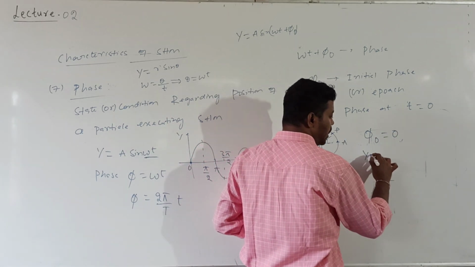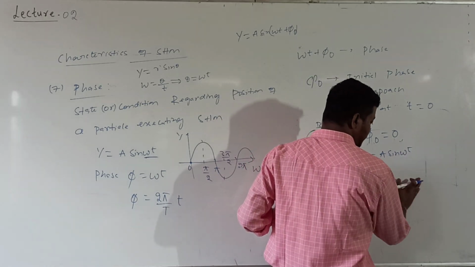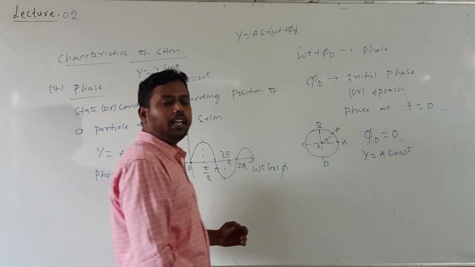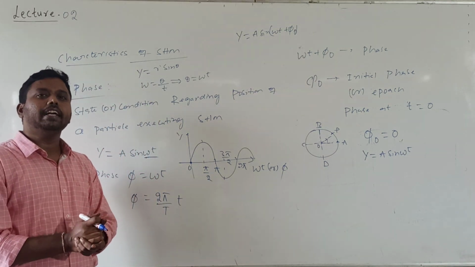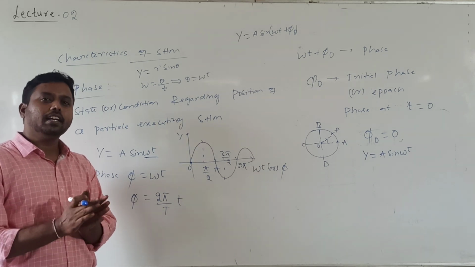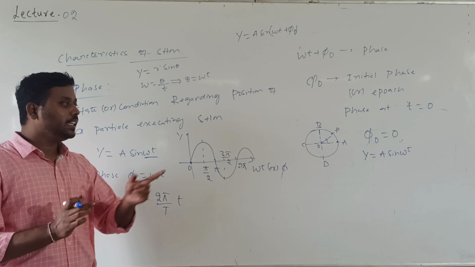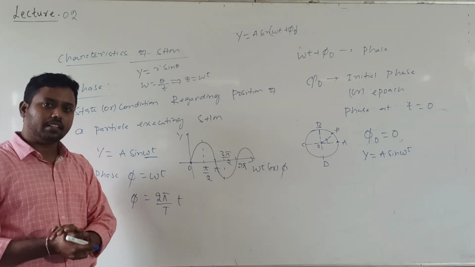When phi naught is 0, y is equal to a sin omega t. That is the displacement of the particle after t seconds, if initially at t equal to 0 the particle was at the mean position.